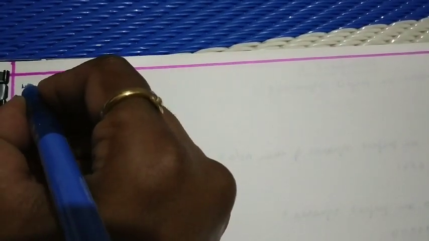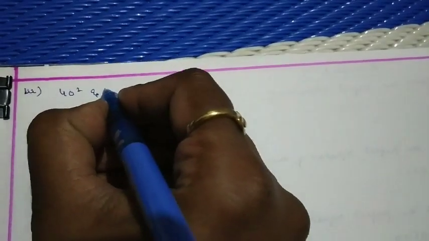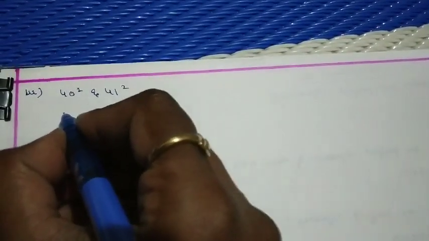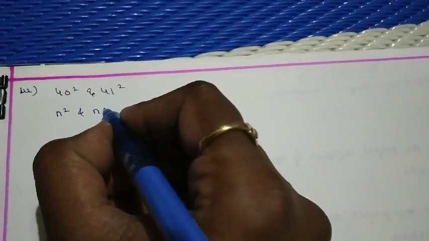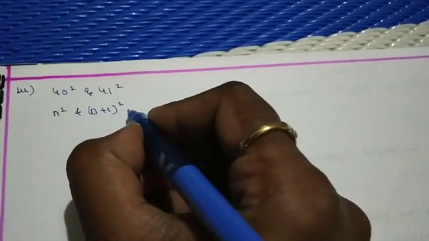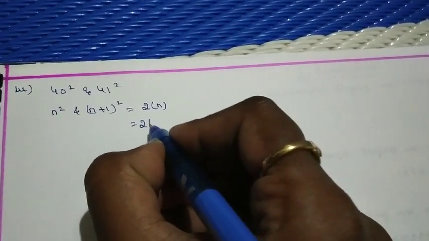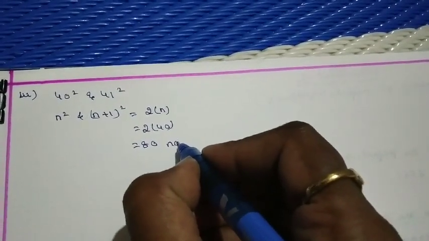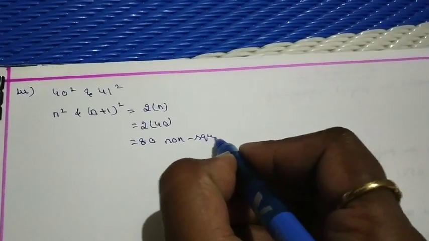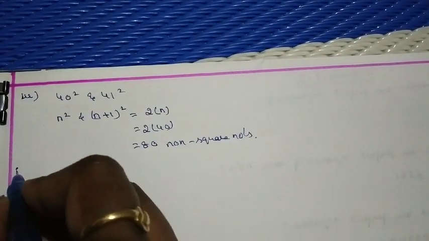Third question, 40 square and 41 square. Between n square and n plus 1 whole square there are 2 into n, that is 2 into 40 equals 80 non-square numbers.